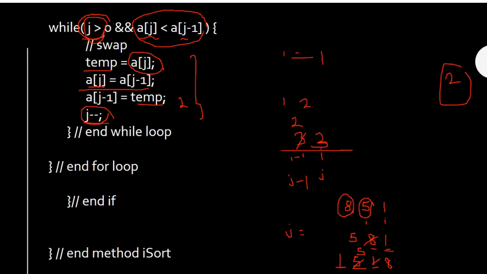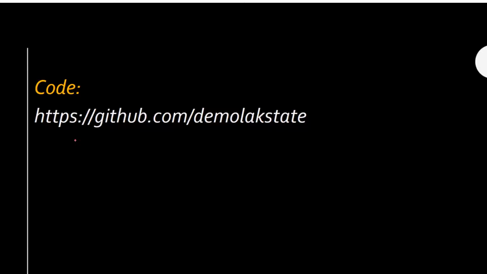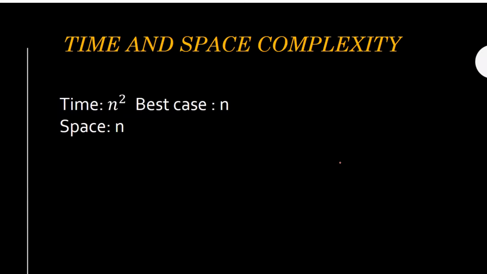At this place, our j is 0, and by the time we decrement it, it becomes minus 1. So you discover that our j is no longer greater than 0, and this will terminate. And so that is just what happens there. You can find the code on our GitHub page.